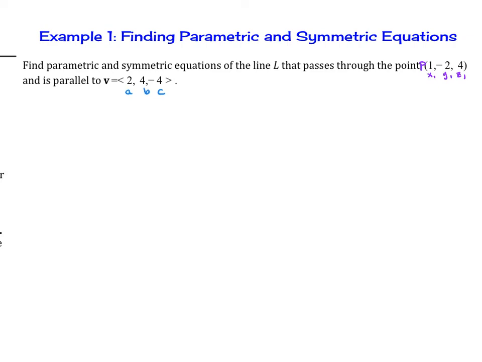For our parametric equations, we're using x equals x sub 1 plus a times t, y equals y sub 1 plus b times t, and z equals z sub 1 plus c times t. So we just plug in what we know. x equals x sub 1, which is 1, plus a, which is 2, times t, so 2t.